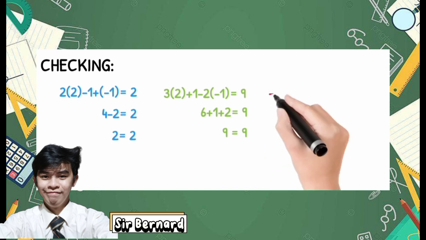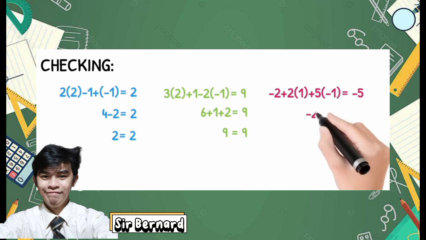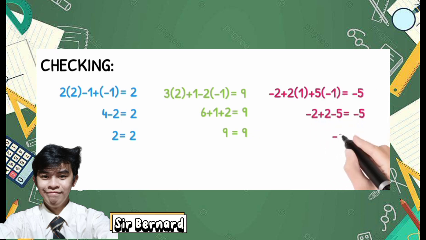And last, row 3, substituting the values of x, y, z: negative 2 plus 2 times 1 plus 5 times negative 1. So, the answer is the same, balanced. So, all rows are balanced. Therefore, our matrix is correct.